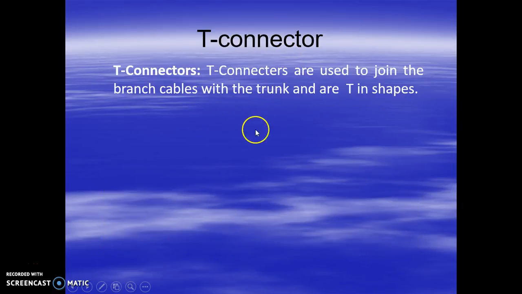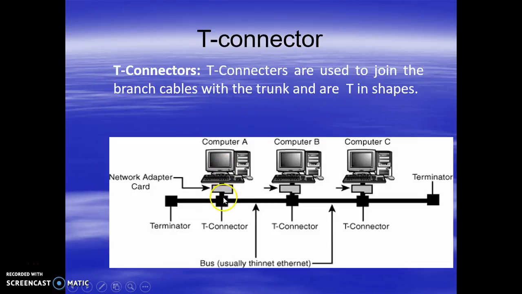Next is the T connector. As we can see in the figure, these are various T connectors which are used to connect a computer on a bus topology. T connectors are used to join the branch cables with the trunk and they are T shaped.